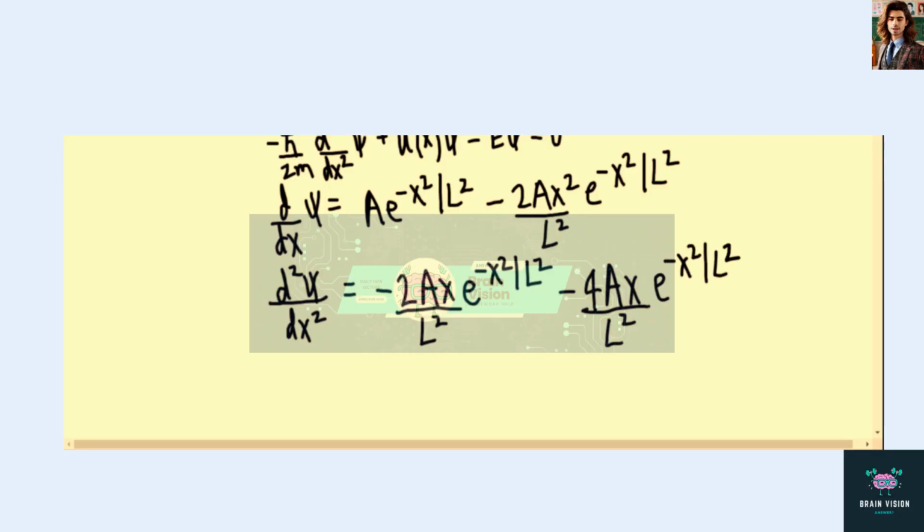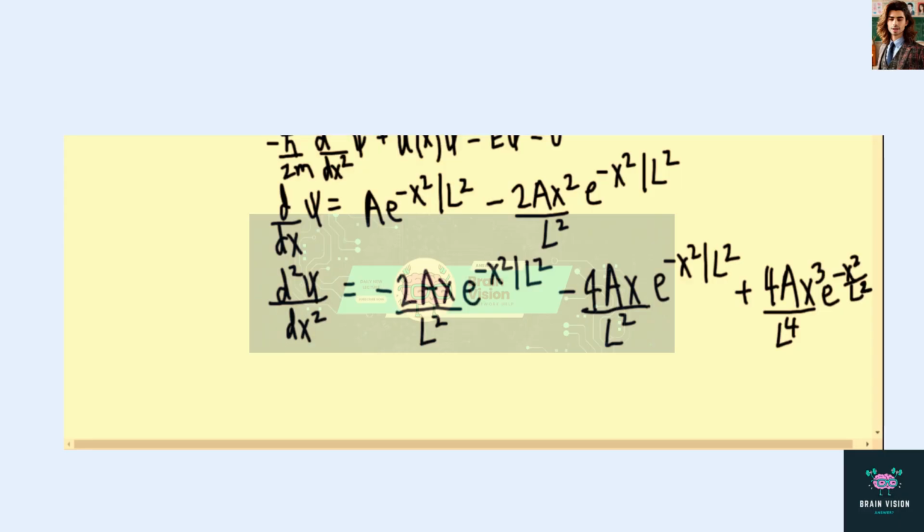And now we'll take a derivative of just the exponential, and we end up with positive 4ax cubed over L to the fourth times the exponential e to the minus x squared over L squared.